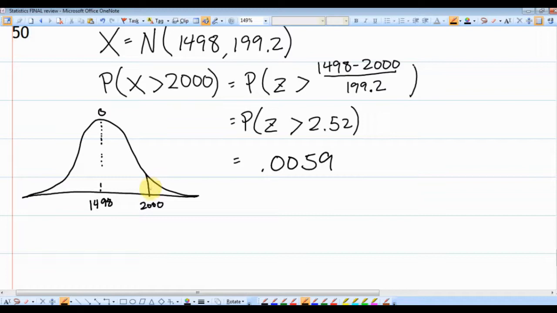Greater than means bigger than, so the bigger side is to the right, so I'm going to shade to the right of that line. This is the area I want. We just found out that the z-score was 2.52, so that's why I'm putting a 2.52 here. So basically the area that's greater than 2,000 is the same thing as the area that's greater than a z-score of 2.52.